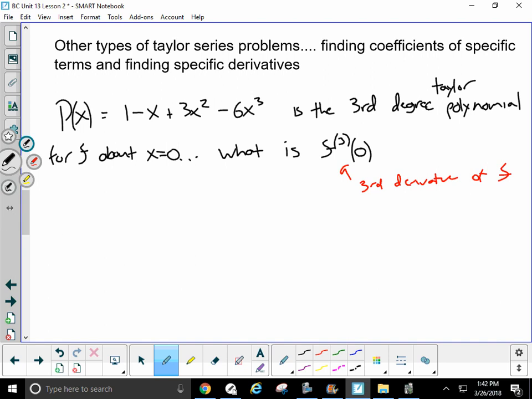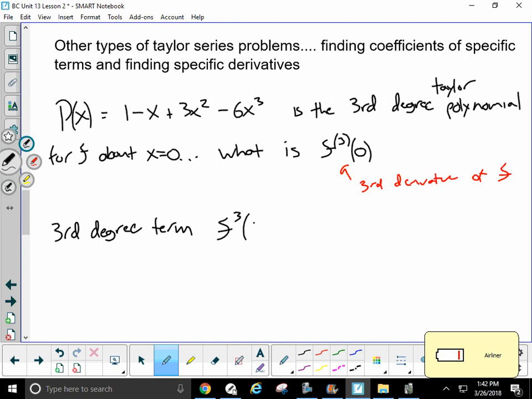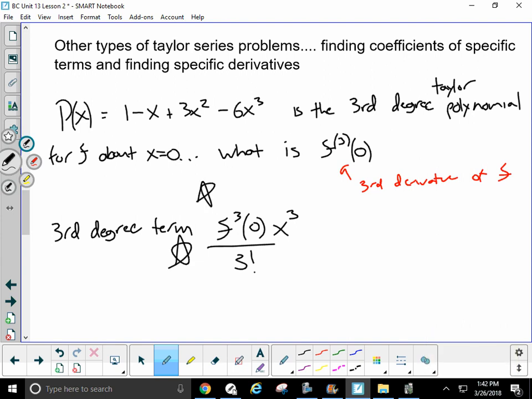Well, I know that the 3rd degree term of a Taylor polynomial is the following. The 3rd derivative at 0 times x cubed over 3 factorial. Knowing my Taylor polynomial formula, Maclaurin polynomial formula, I get that.